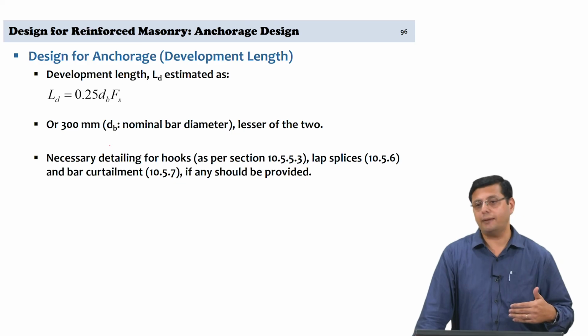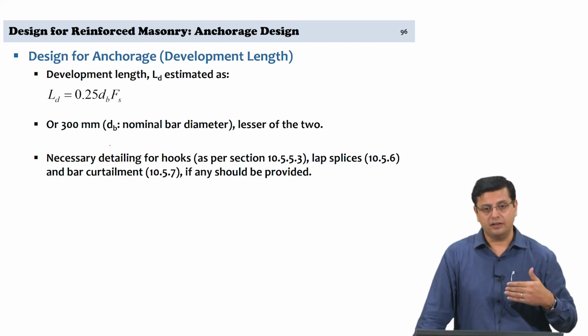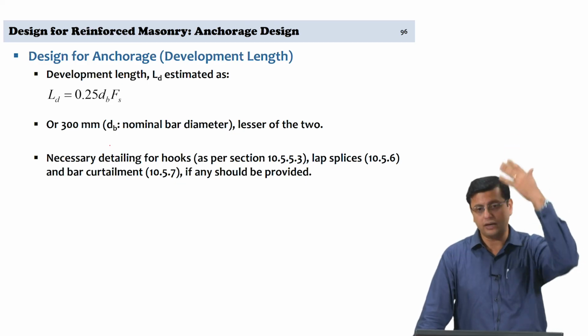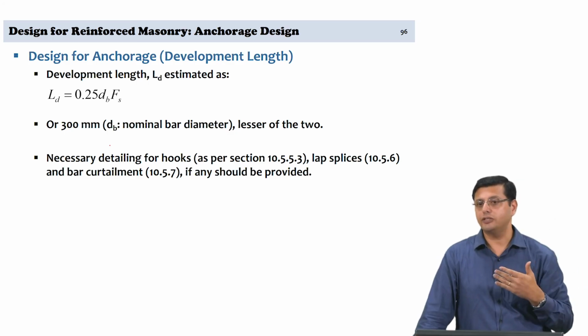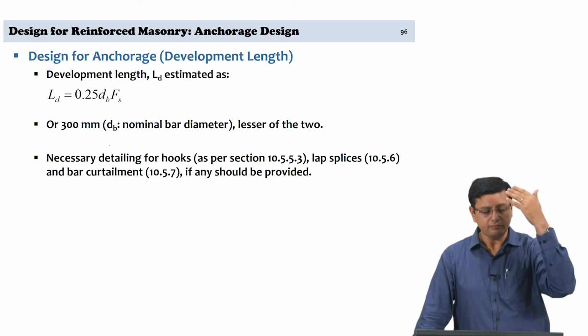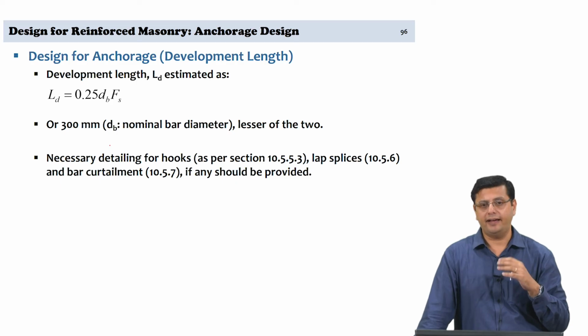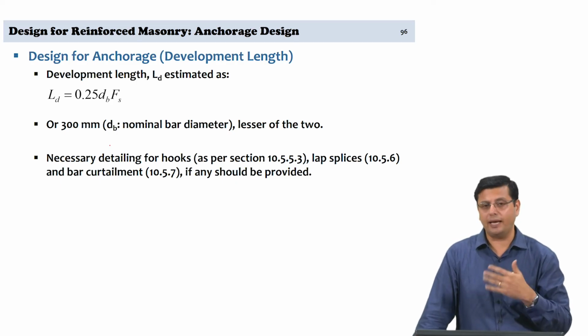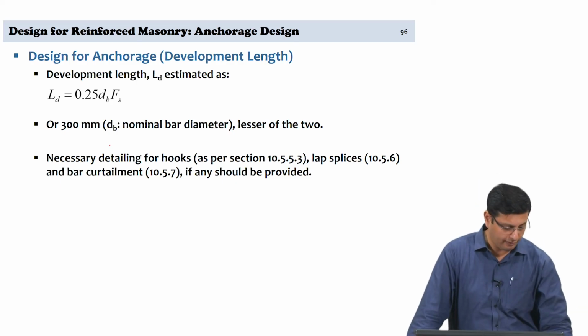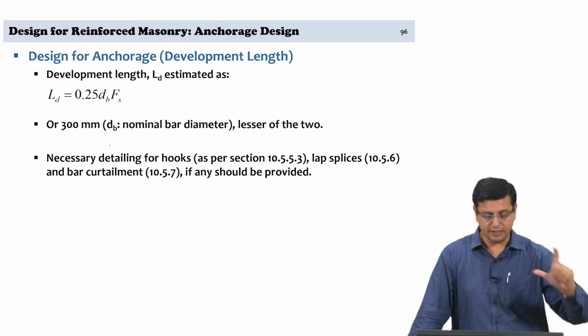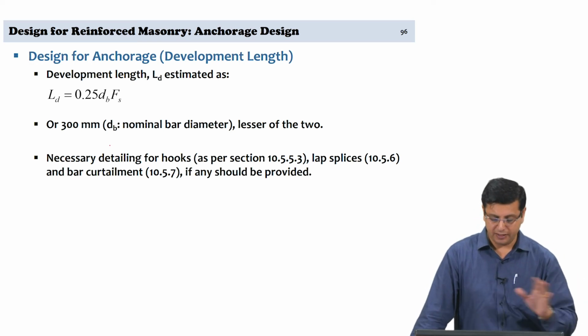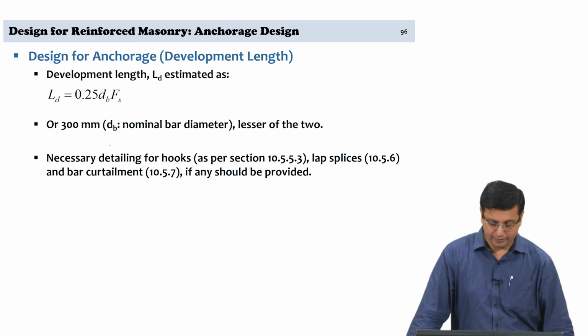You would need to do lap splices because you are looking at the vertical reinforcement that would have to run continuously across the entire height of the masonry walls, and therefore lap splicing, and where should you do lap splicing and what is the overlap that you require for lap splicing, is again something that you can take care of.